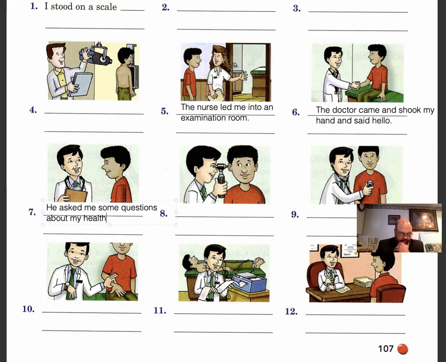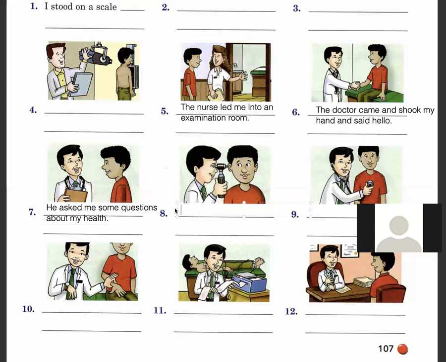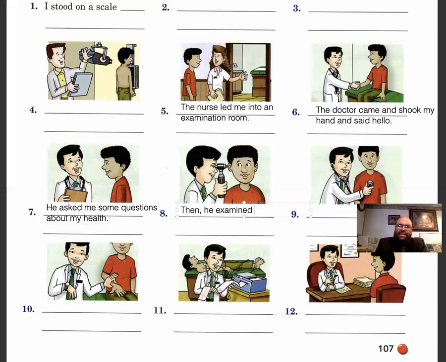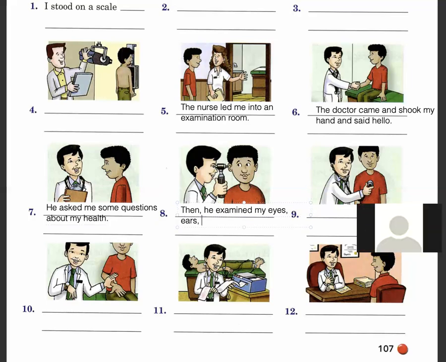Number 8. Then he examined my eyes, ears, nose, and throat.